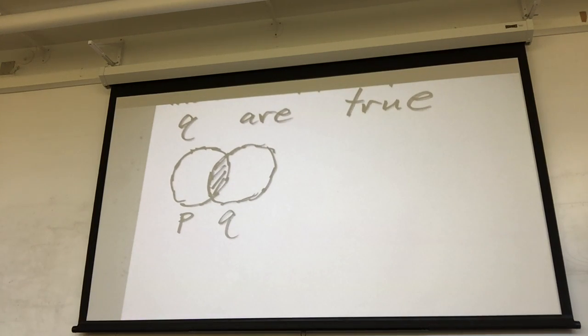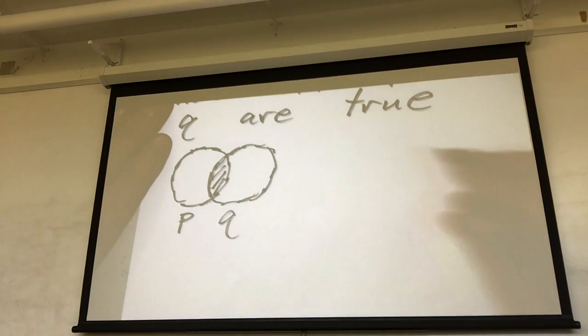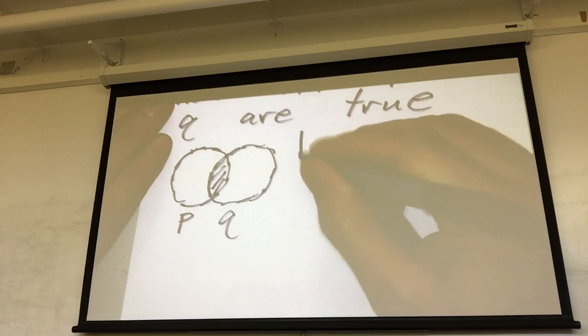So one way to write this is as a Venn diagram. Another way to write it is a truth table.